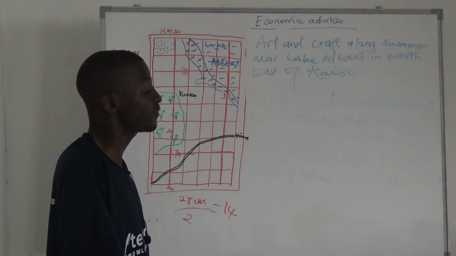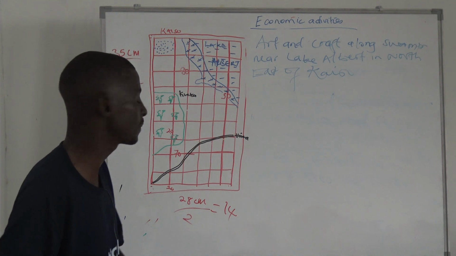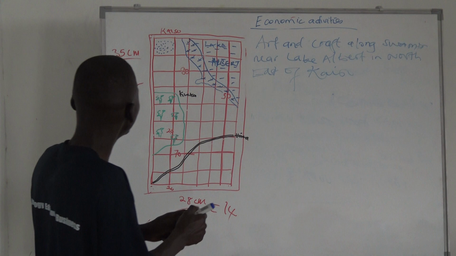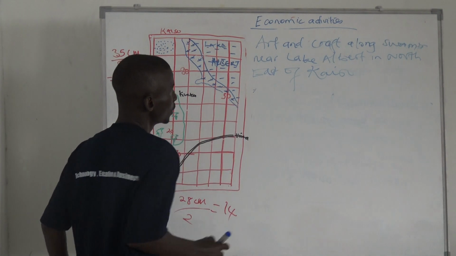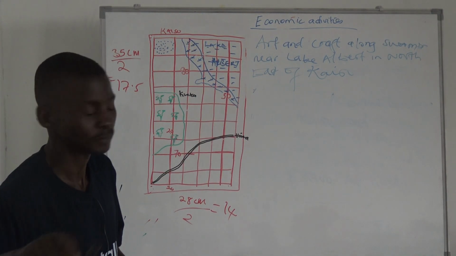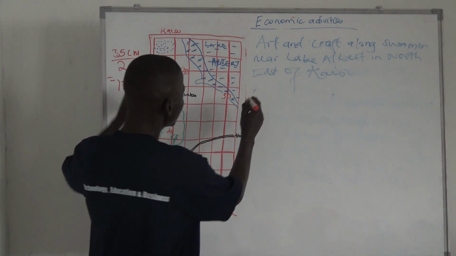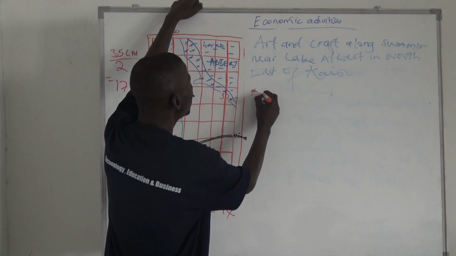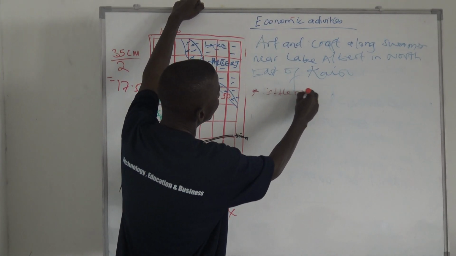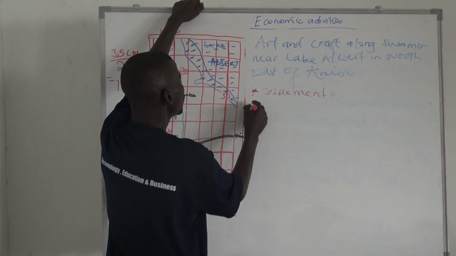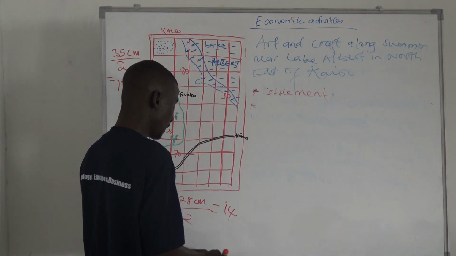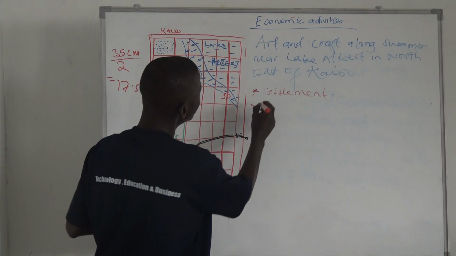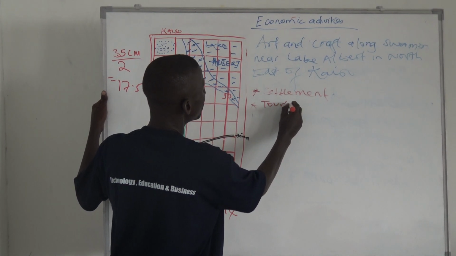So economic activities are very many, although some are not in this map extract. Other economic activities we should include: settlement, and tourism.